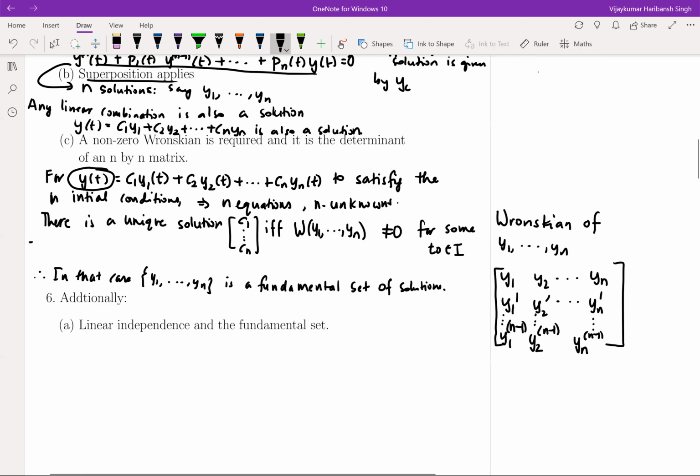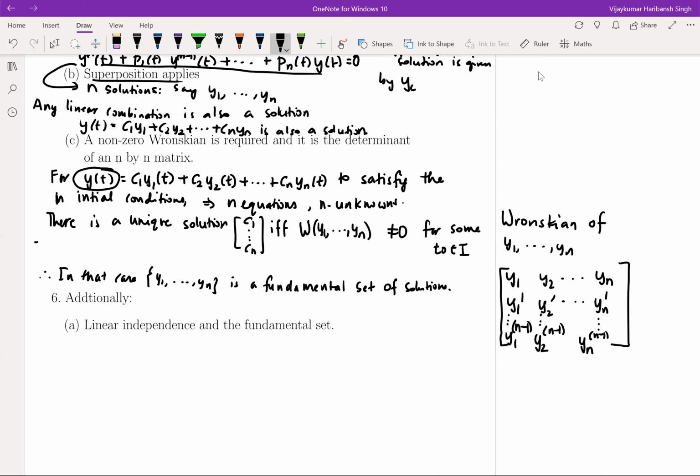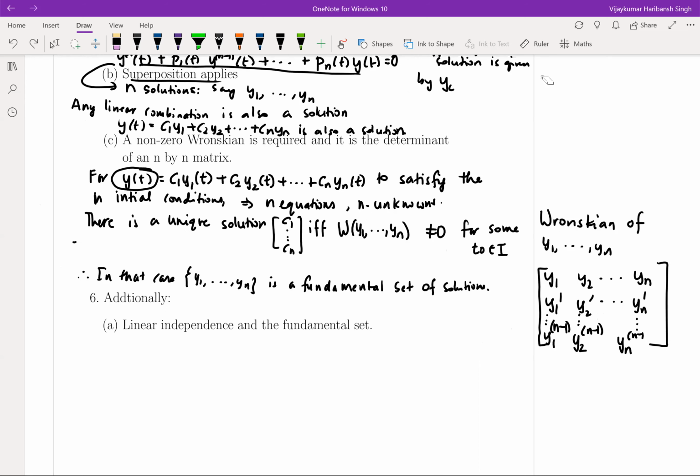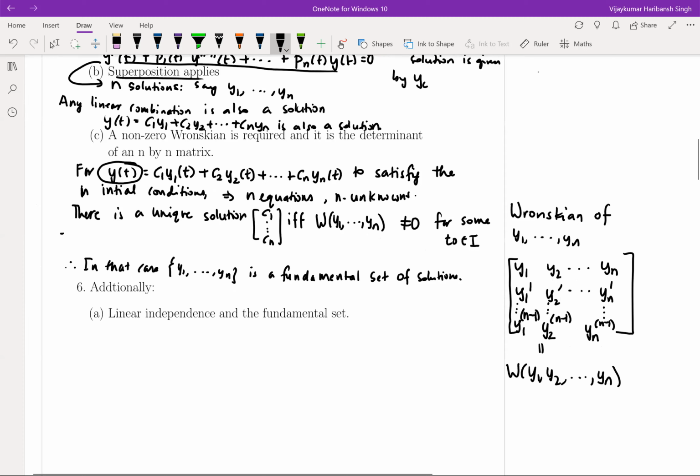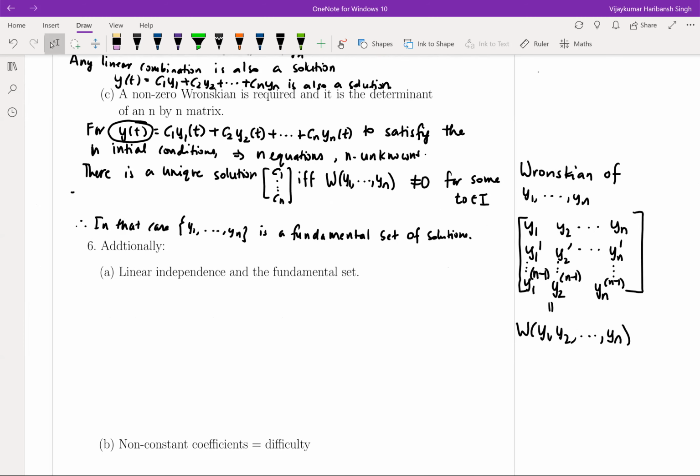Okay, and the notation is similar. It's basically given by this, and this is how you write down the Wronskian. Okay, all right.